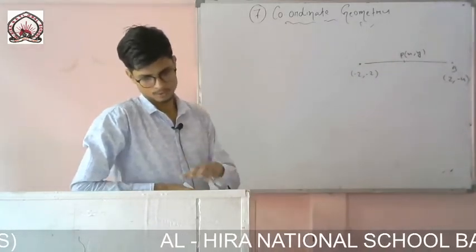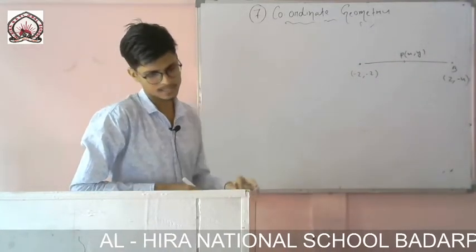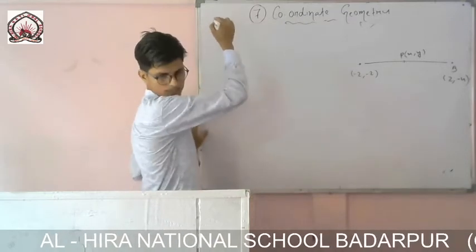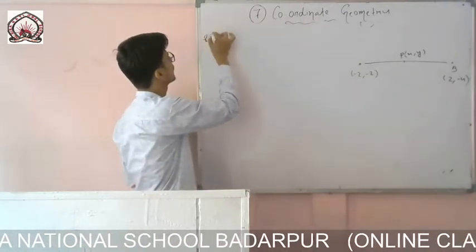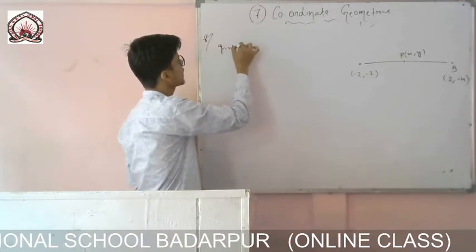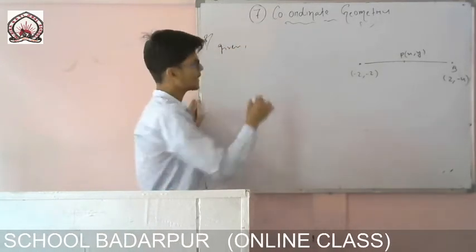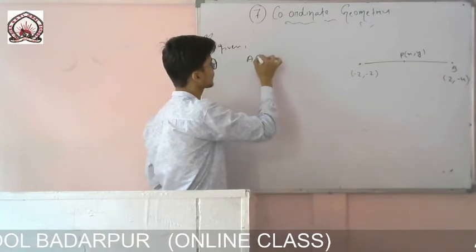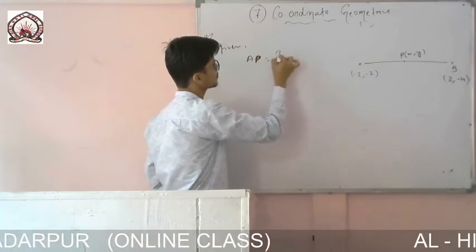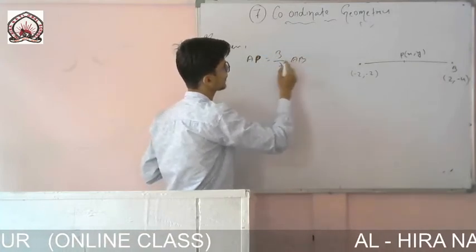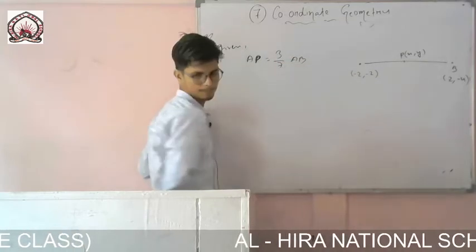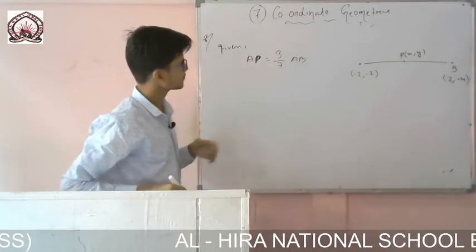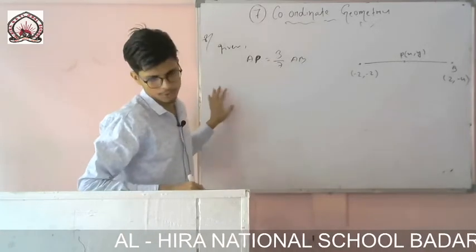The coordinates of the points are given, but one more line is given in question number 8. What is given here? Given that AP is equal to 3 by 7 AB.